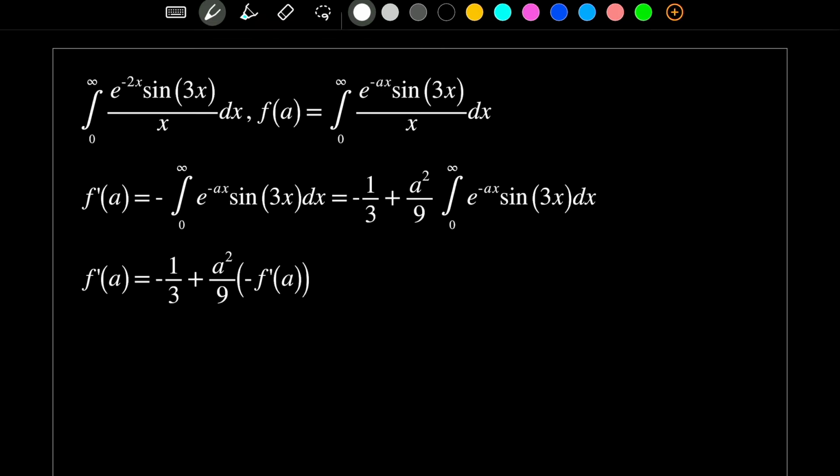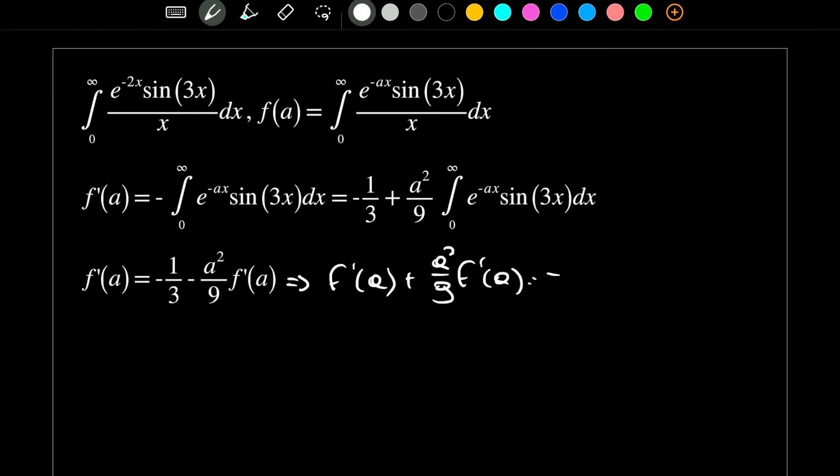And now we actually have this sort of functional equation, basically, just in terms of the derivative of f. So what's that going to give us? Let's first distribute this minus here. So we're going to get minus and then plus here. I'll just get rid of the brackets like so. And now we're going to move this part over here. So the derivative of f of a plus a squared over 9 times f of a is equal to minus 1/3.